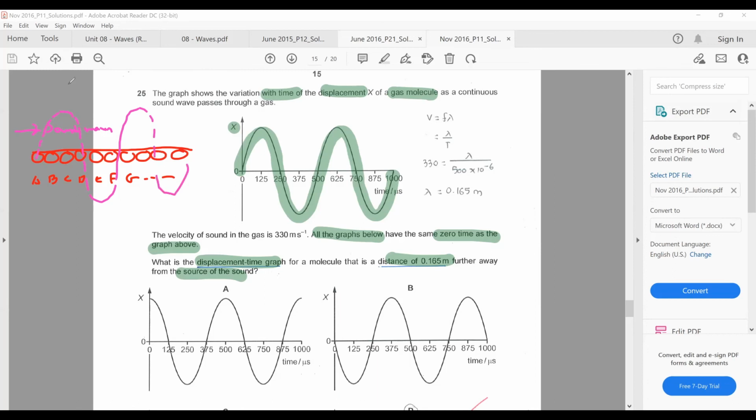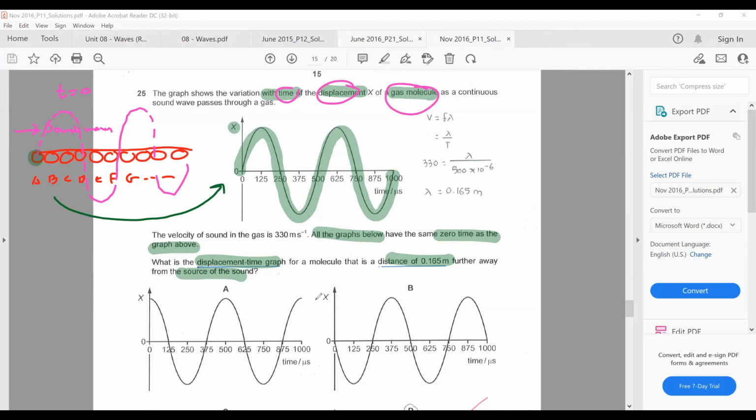They pick out a single gas molecule, let's say at time t equals 0, and plot its displacement time. Maybe they choose particle A, and they plotted the displacement time graph of particle A, which in turn gave you this.